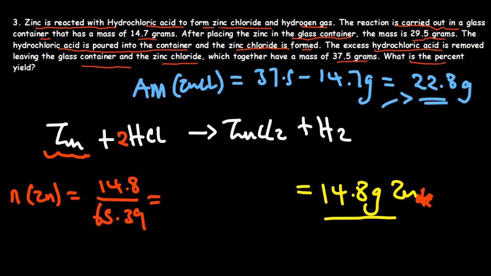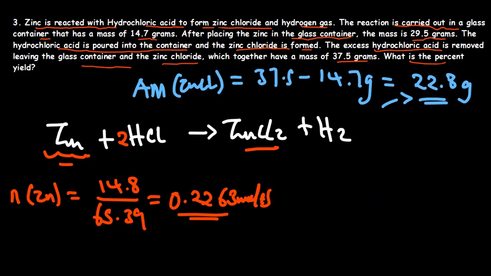So we say 14.8 divided by 65.63. We are going to get 0.2263 moles of zinc. Okay, and then since we have the moles of zinc, we can get the molar ratio of the zinc to the zinc chloride, to find out the theoretical yield there.